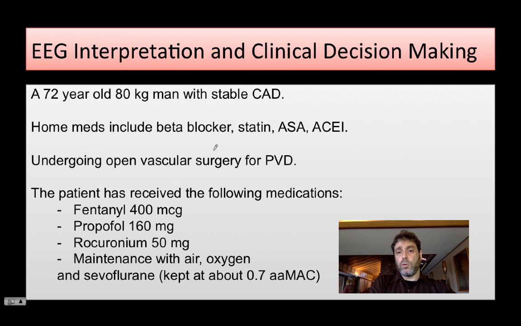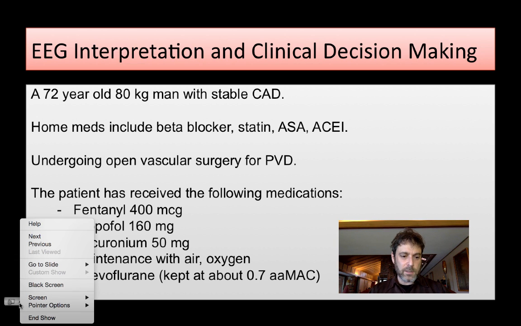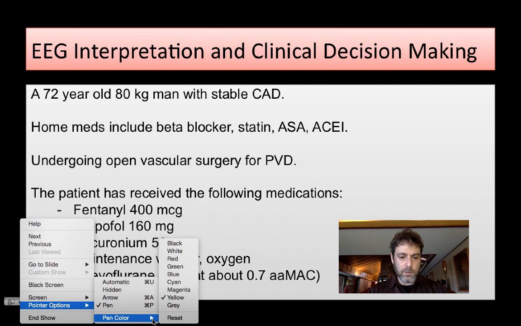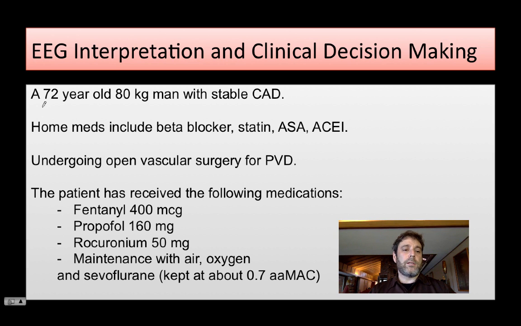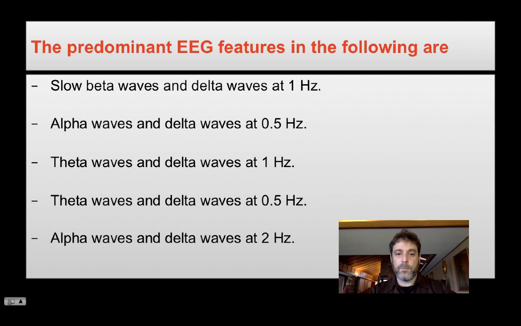So let's go on to some examples of clinical decision-making. I think I might just change the pen color so that it's easier to see, because this one is really not being great. So let's try a green pen and see if that's better for you. Okay, so let's take this typical patient having surgery with typical medications, vascular surgery, and these are the anesthetic medications that this person has received, and they are receiving an ether-derived volatile anesthetic agent at about 0.7 MAC.